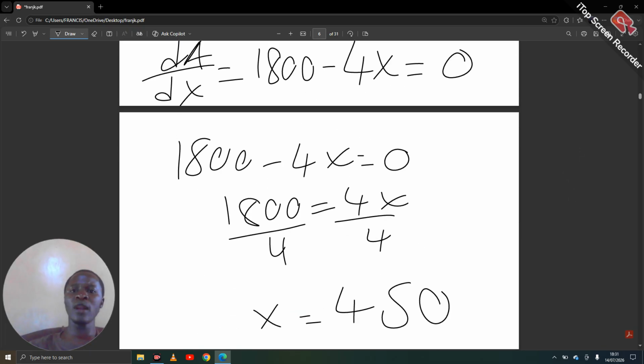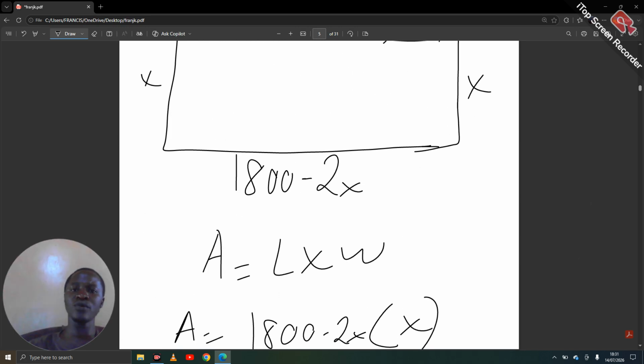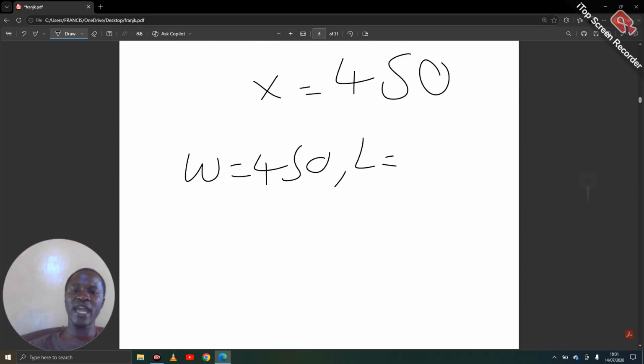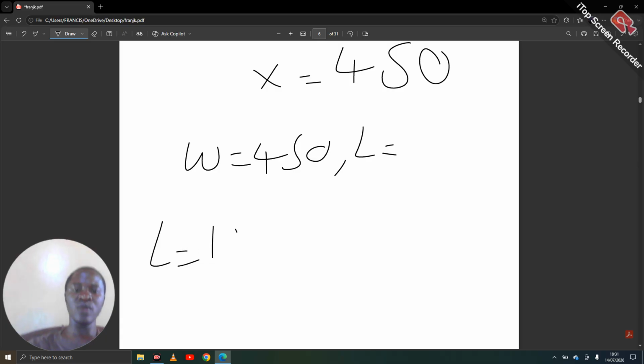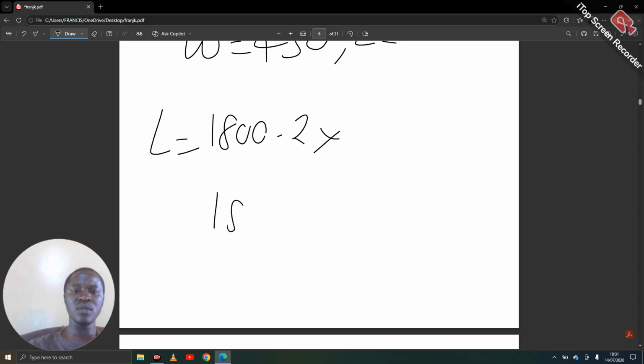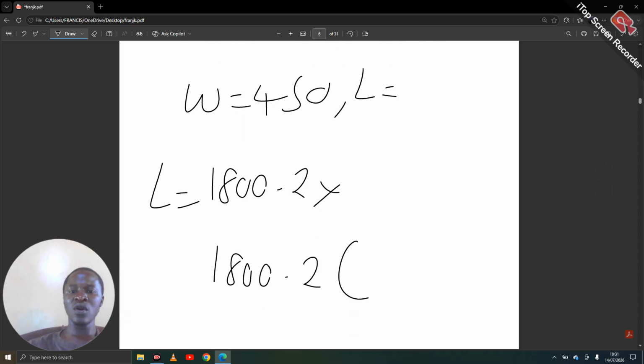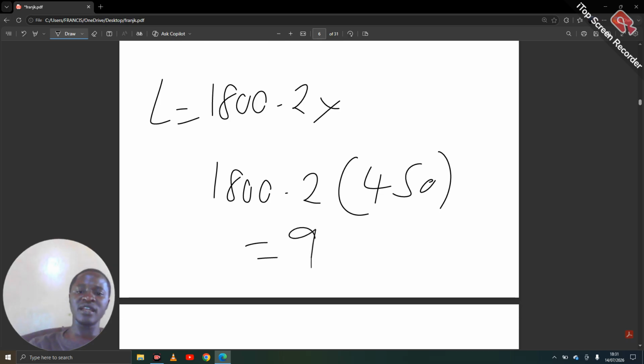The expression for length was what? 1800 minus 2x. So length will be 1800 minus 2 into value x, which is width 450. So having 450 times 2, now 1800 minus 900, we are getting 900.